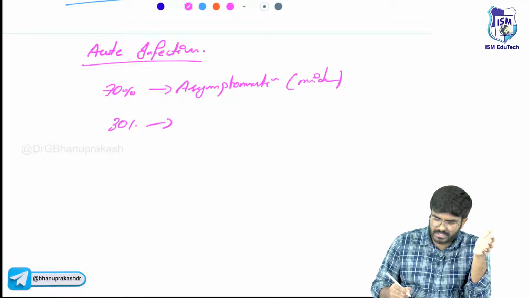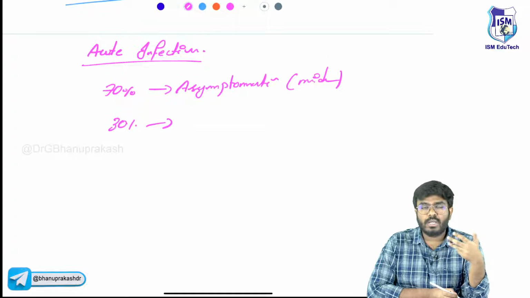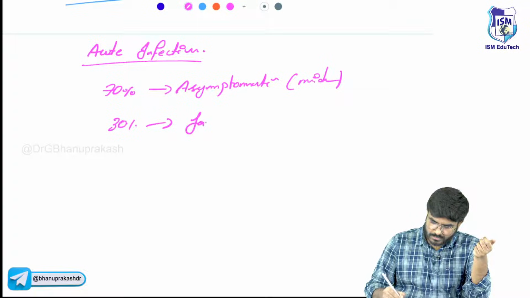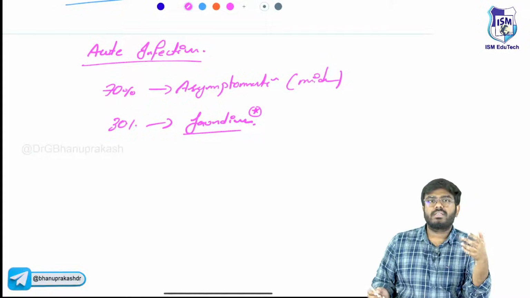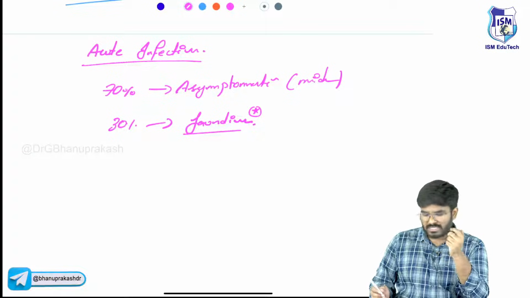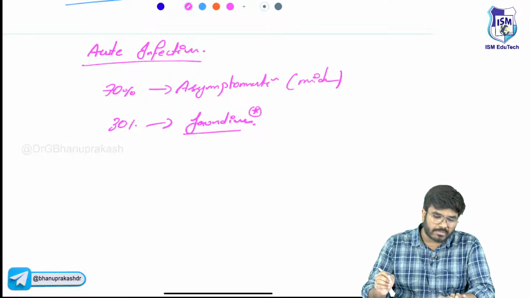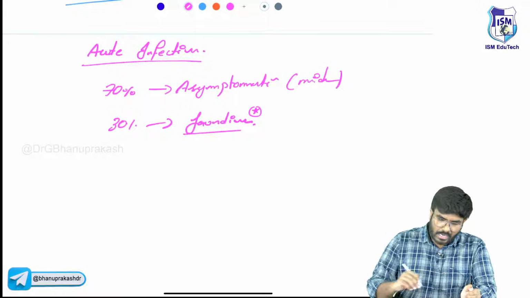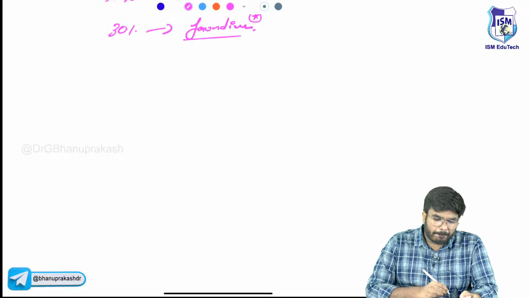Only 30% of the patients with acute hepatitis B virus infection will show jaundice, right upper quadrant pain, nausea, vomiting, icterus. These symptoms can be seen in only 30% of the cases, but 70% of the cases are going to be absolutely normal.